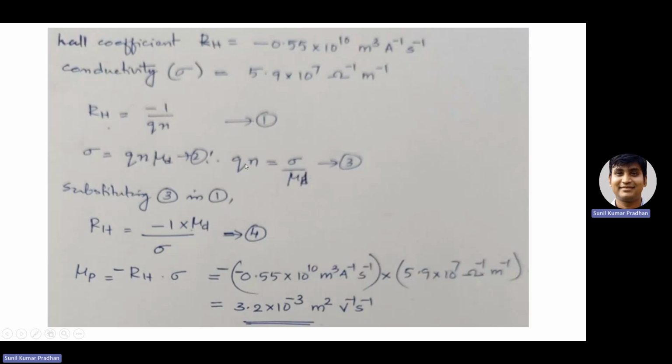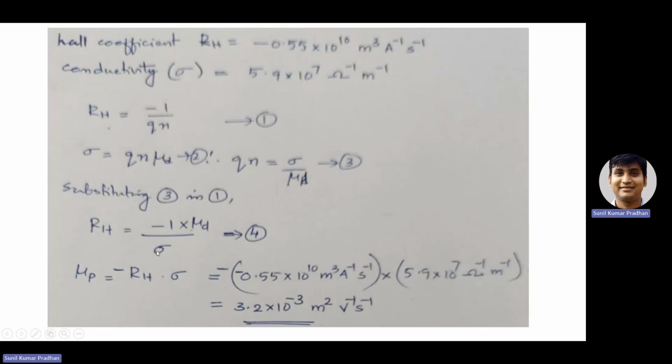Okay. So what will be Q into n? That is sigma by mu d. Now, if we substitute this in equation 1, what do we get? RH equals minus 1 into drift mobility divided by conductivity.